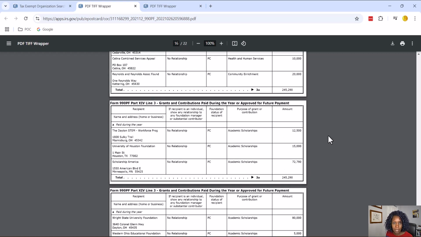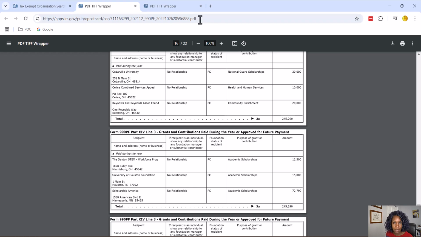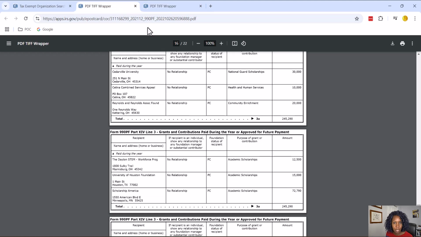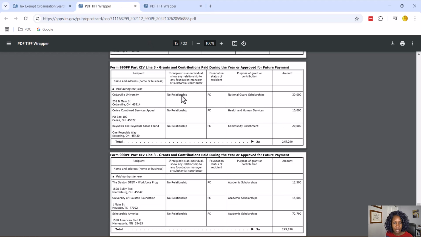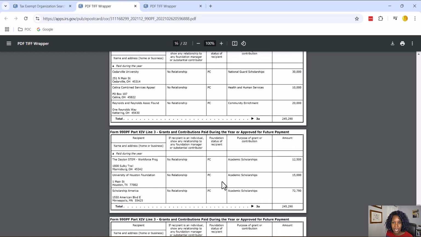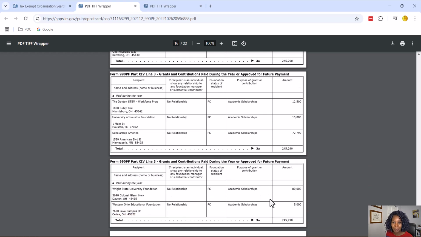But you can see a lot of these, not all of them, but some of these organizations, Reynolds and Reynolds have funded 2 years in a row. But again, even if you look back in another year, 2021, you can see what they primarily provide funding for.